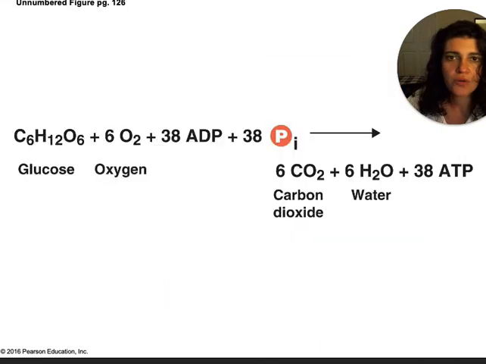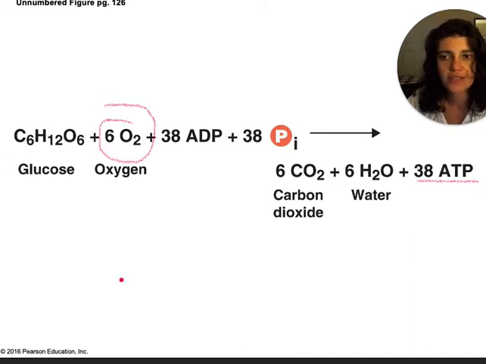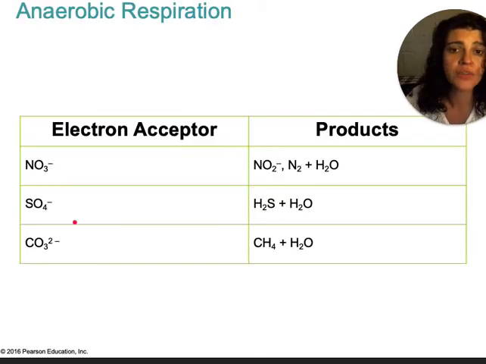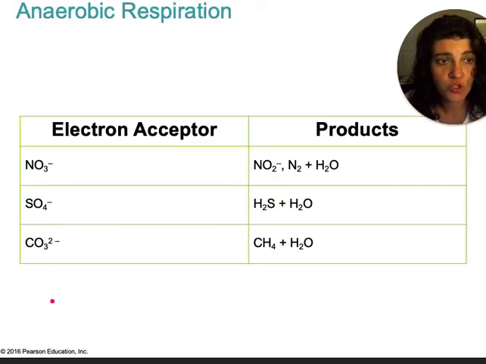So this is the general equation for aerobic respiration, right? You have glucose plus oxygen with ADP and phosphate generating carbon dioxide, water, and 38 ATP. There is also a process called anaerobic respiration where this oxygen is replaced by other electron acceptors, for example, nitrate, sulfate, and bicarbonate.